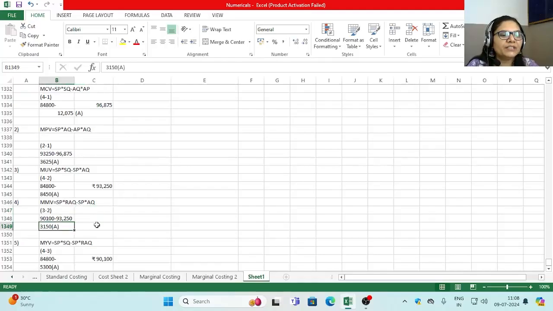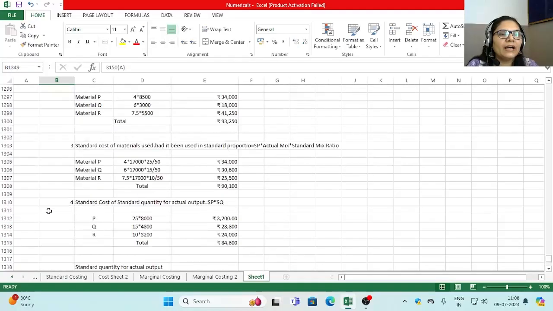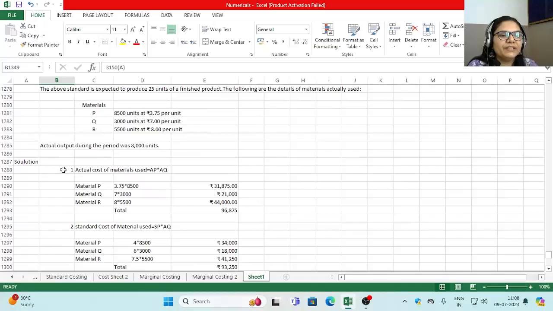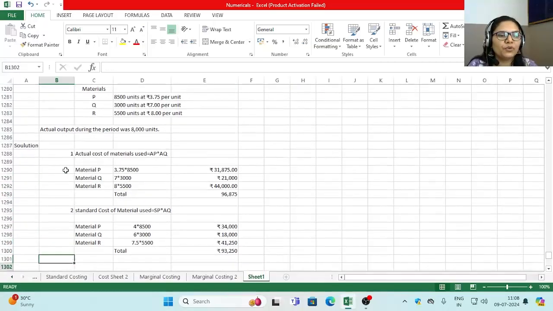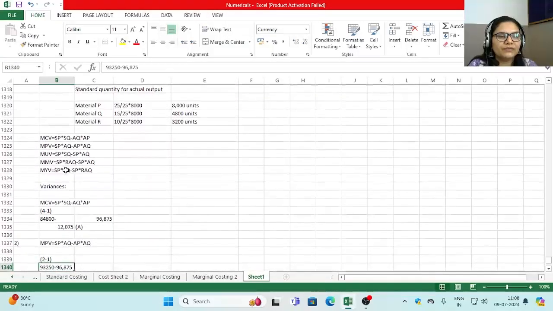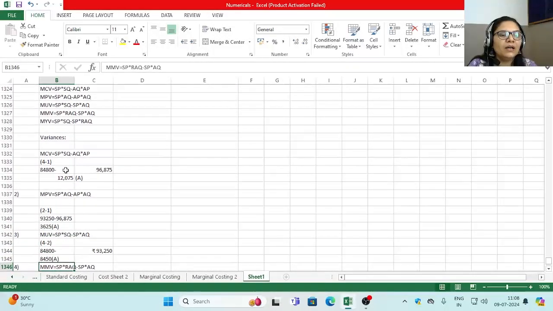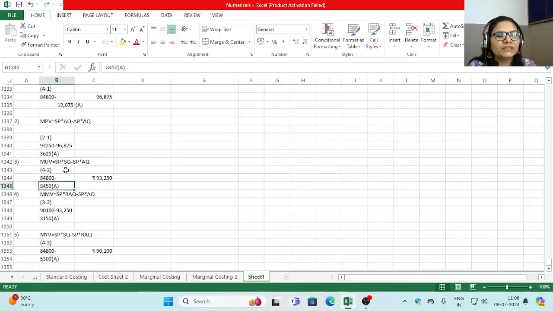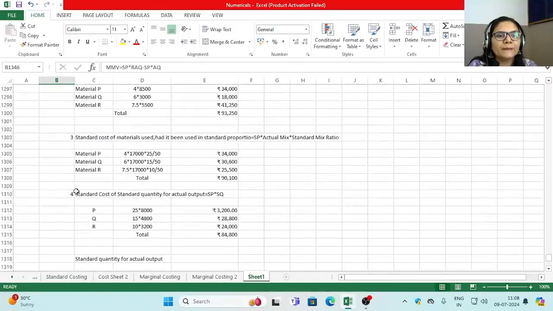Again, material mix variance is 3 minus 2. Actually, we have given a number to each calculation, 1, 2, 3, 4. 4 types of calculations we have done, and we have not written the full calculation. We have specified these values by using the numbers. We get 8,450 adverse. Then material mix variance is SP into RAQ, which we have already calculated. This is actual mix into standard mix ratio.